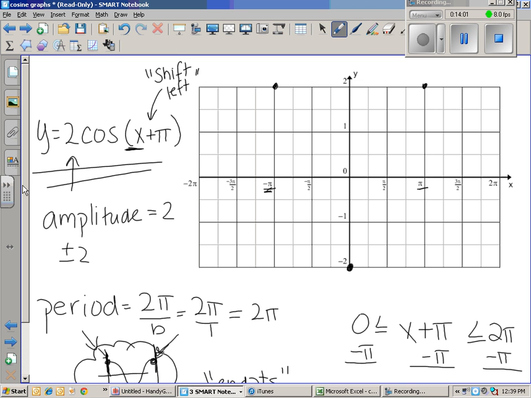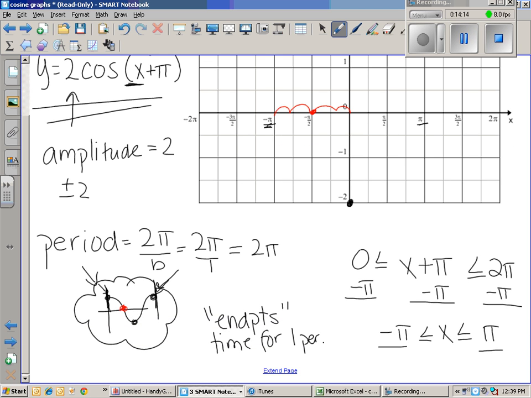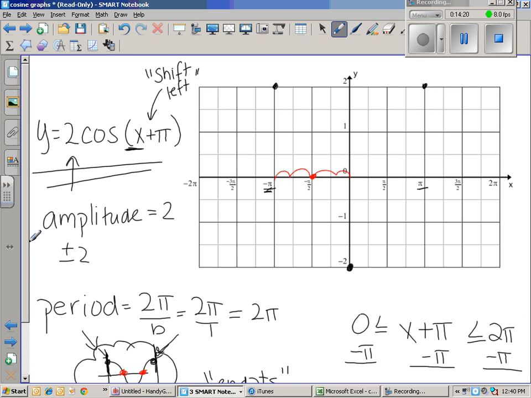The next part requires us to do some thinking, but I've done a nice graph here. When we say halfway, we literally mean halfway. Halfways are our zeros. Halfway between is a 0.